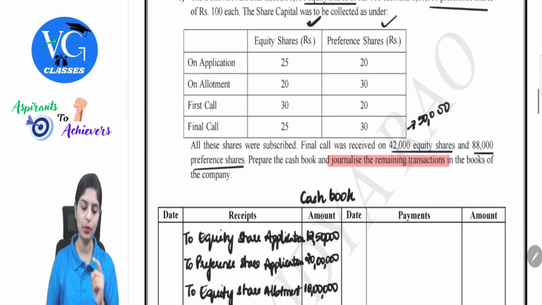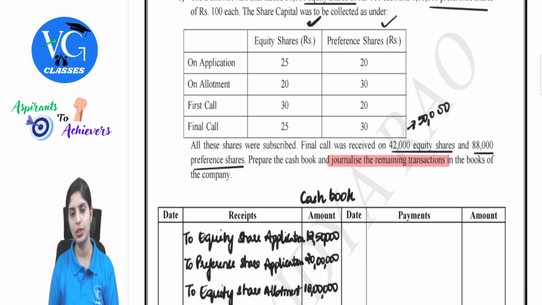Next, what is the next entry? Receipt of call money. Now let's read once again the adjustment. Final call was received only on 42,000 equity shares and 88,000 preference shares. So at the time of receipt, with 42,000 received, 8,000 shareholders haven't paid. This will be considered a receivable and the balance transferred to calls in arrears.